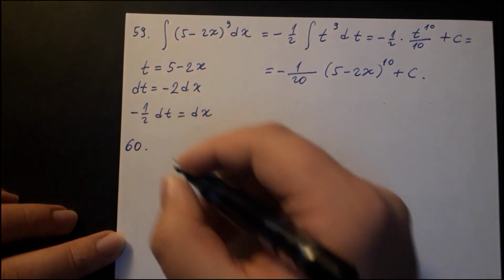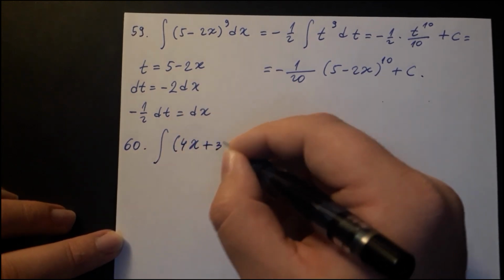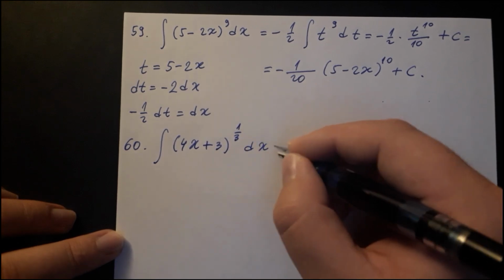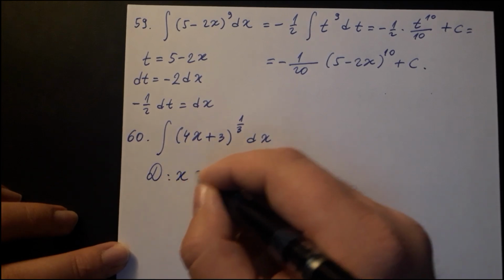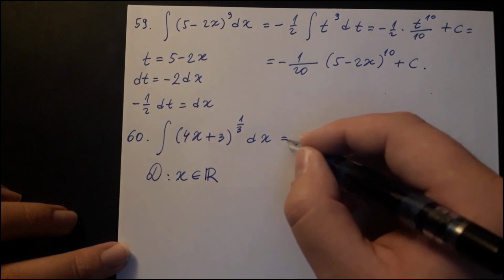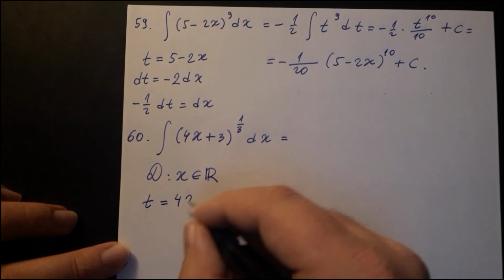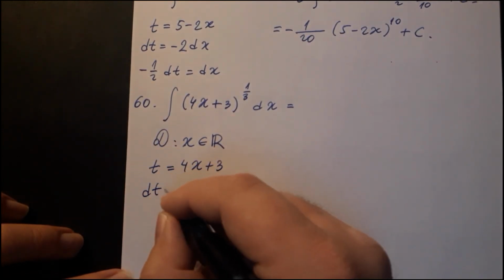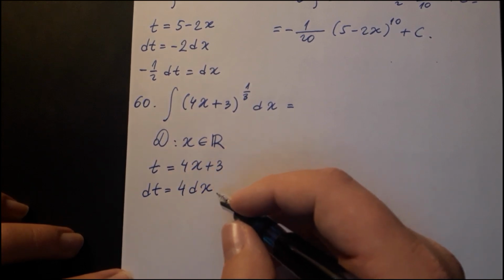Integral number 60 on our list is an integral of (4x plus 3) to the power 1/3 dx. The area in which this integral is defined is for all x's which are real numbers, and this is then equal to, we can introduce the substitution t is equal to 4x plus 3, which makes the differential of t equal to 4 differentials of x.